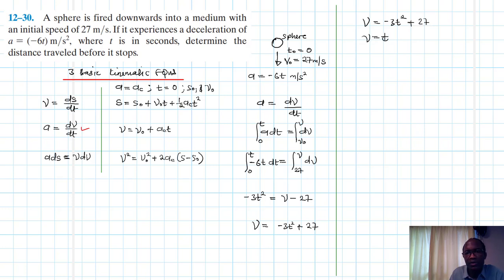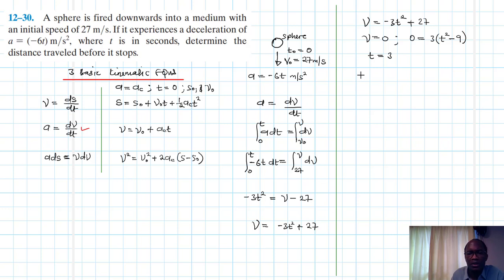When v is equal to 0, we have 0 equal to 3 t squared minus 27, or t squared equal to 9. Therefore t is plus or minus 3, but of course we go for the positive value, which is 3. So when t is equal to 3, we expect v equal to 0.